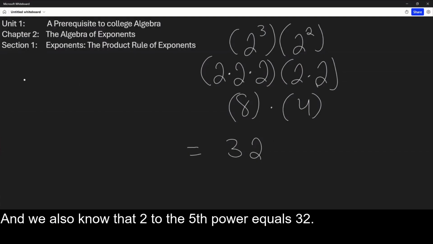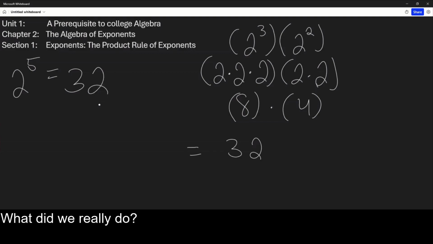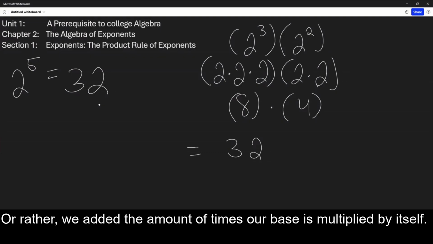We also know that 2 to the 5th power equals 32. What did we really do? We added the exponents together, or rather, we added the number of times our base is multiplied by itself.